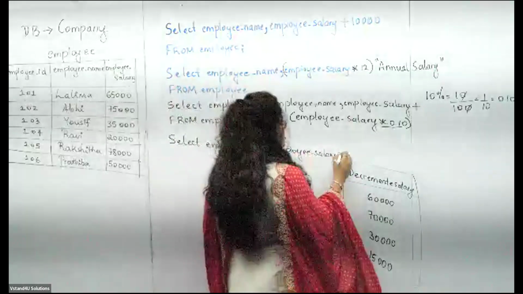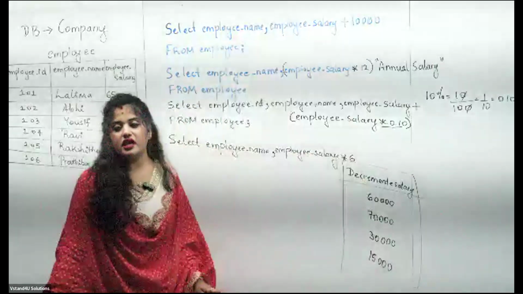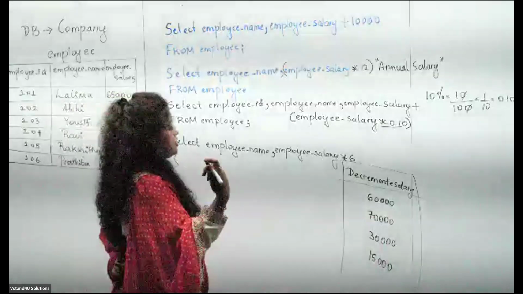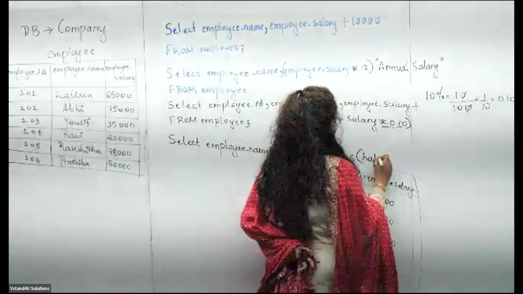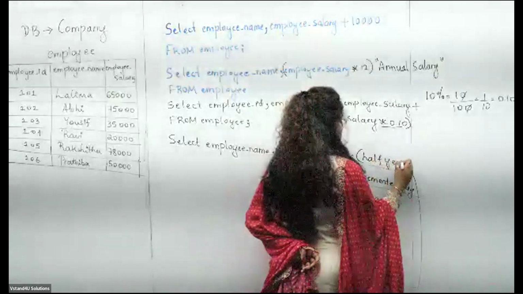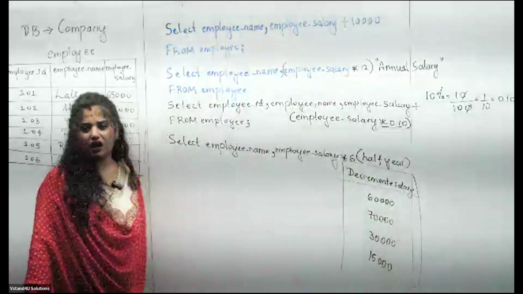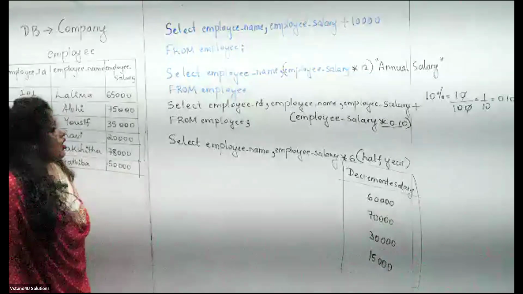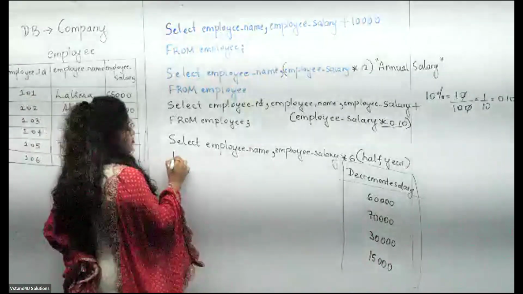Why are you writing into 6? Half year. Yes or no? Let me mention that also. There are some people who will not know that also. Half year, quarter. Then you will say from.